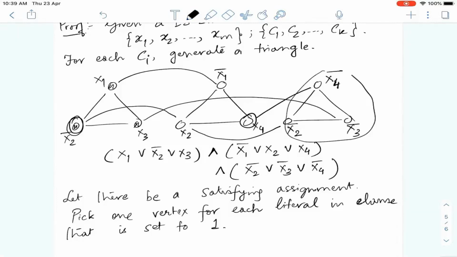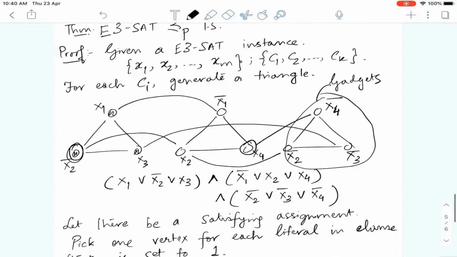These are terms which you will hear often if you take a course on complexity theory. These are the gadgets which we join with each other and build a bigger instance of the problem. And I said that I'm talking of the E3-SAT problem, so each clause has exactly 3 literals.